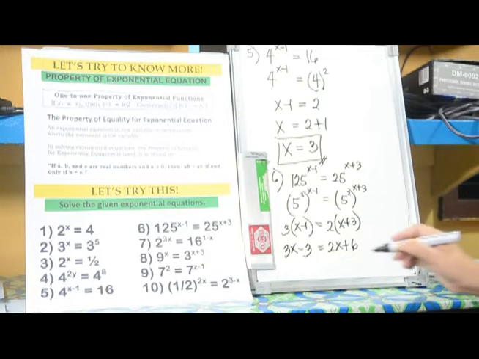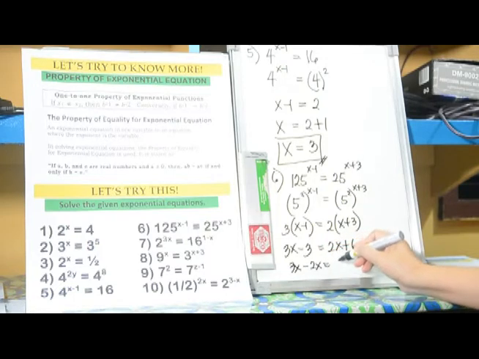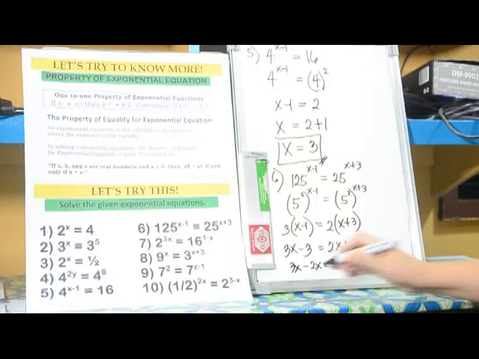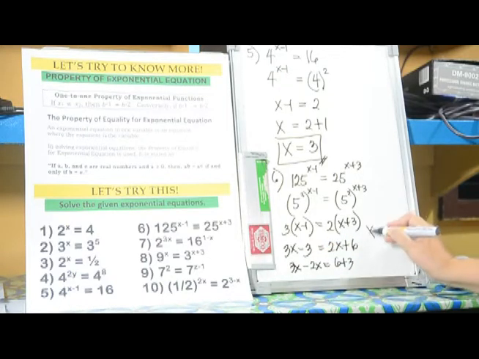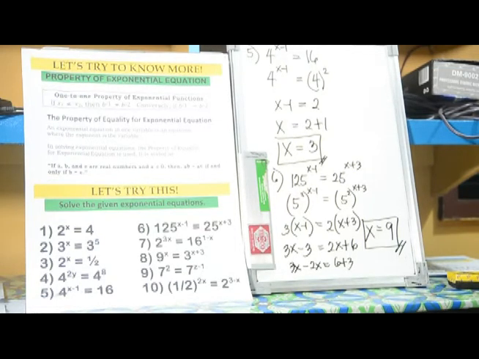Equating this, we transpose: 3x minus 2x is equal to 6 plus 3. 3x minus 2x is simply x, and 6 plus 3 is 9. So your answer for number 6, x is equal to 9. Okay? So we have 4 more examples. I hope you're able to get 5 and 6.